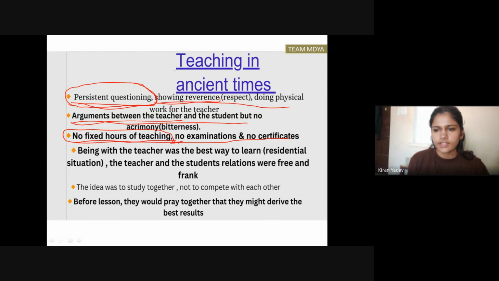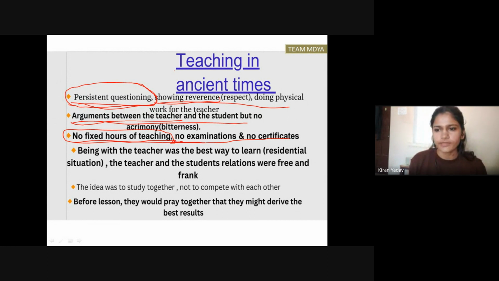So in today's time the motivation is extrinsic, but in ancient times the motivation was intrinsic. There was no external validation needed, no degree or certificate needed at that time.